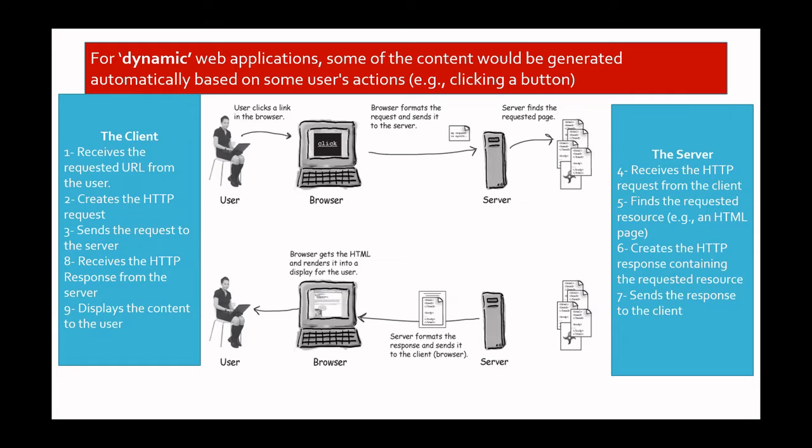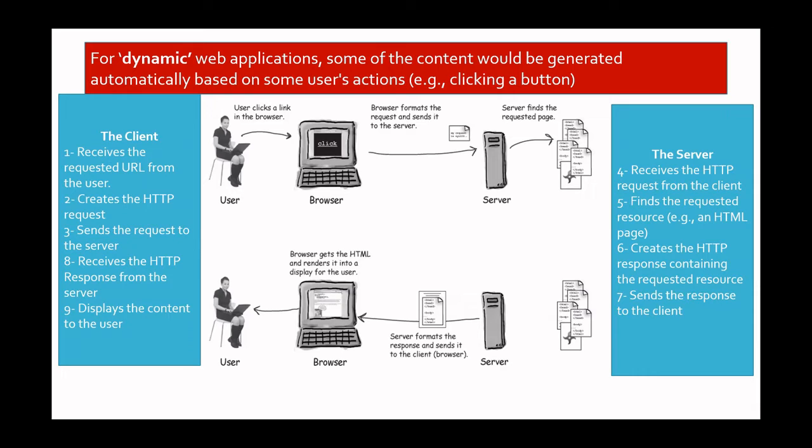Now, in the early days of the web, any dynamic generation or any processing of user interaction had to be handled on the server. The client's only job was to just interpret the HTML. But if the user clicks a button or does any action, that action has to be processed on the server.